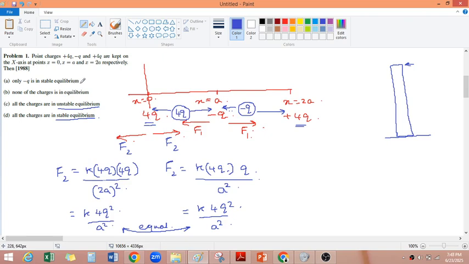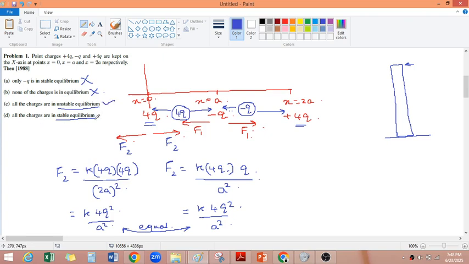Only minus q is in stable equilibrium: wrong, because we found that it is not in equilibrium. None of the charges is in equilibrium: I already showed that it is in equilibrium, so this is also wrong. After saying equilibrium, finding whether it is stable or unstable is our challenge. All the charges are in unstable equilibrium: yes, this looks correct to me.